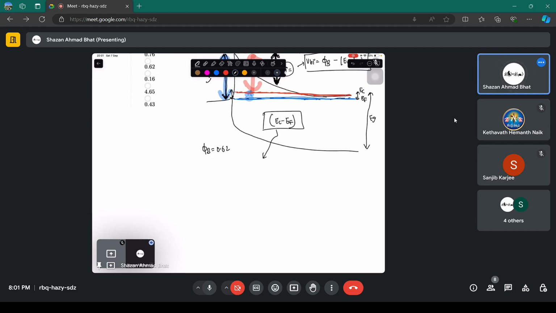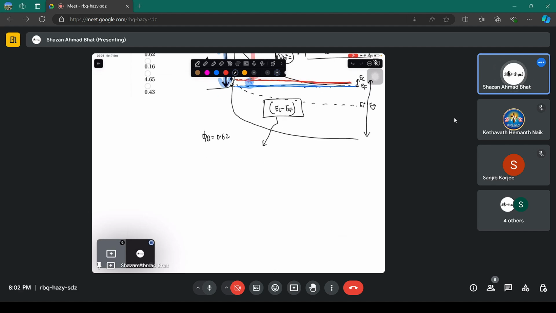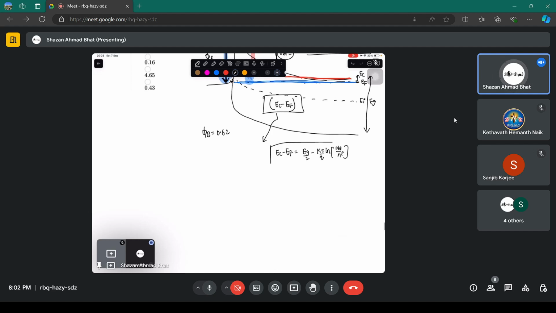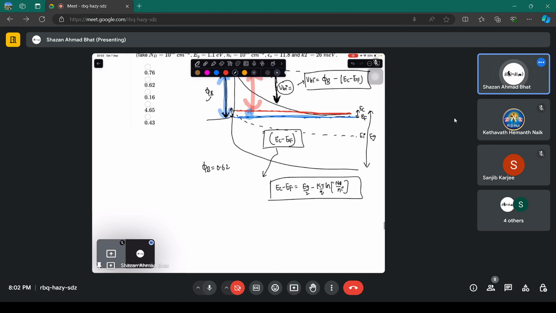This is EG overall, and let's say you have an intrinsic level, something like this. Then EC minus EF will be basically equivalent to EG by 2 minus kT by q ln of ND over Ni. Same thing as what happens in the diode. This is just from the diode. Okay, so this particular thing is EG by 2.